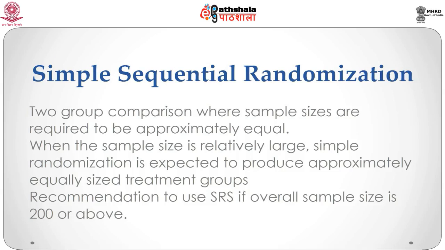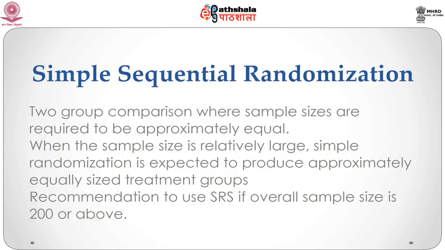We often have cases where it is necessary to use simple sequential randomization. A commonly encountered situation is a two-group comparison where the sample sizes are required to be approximately equal. In this case, we are tossing a coin such that each participant has an equal probability to be allocated to either of the treatments.